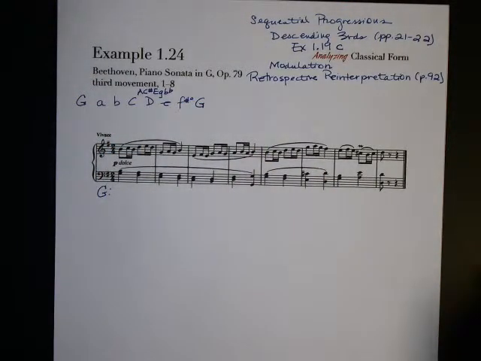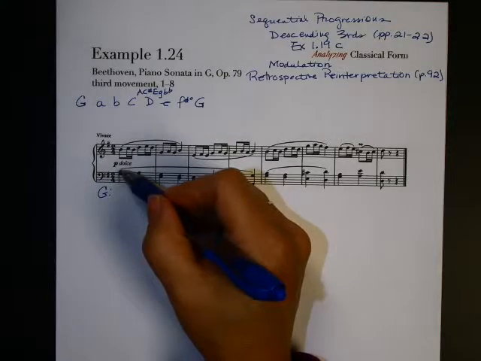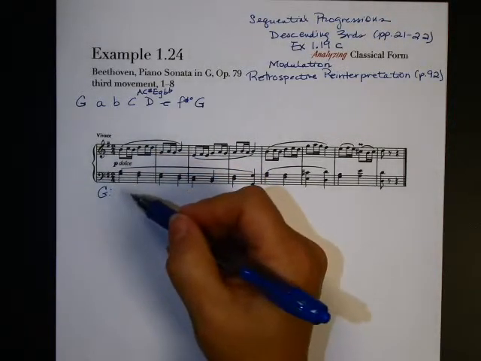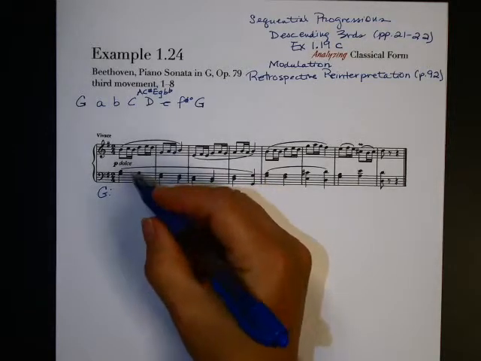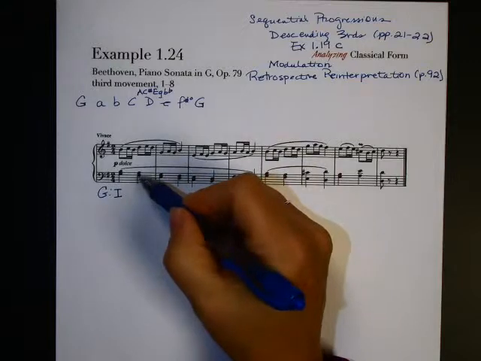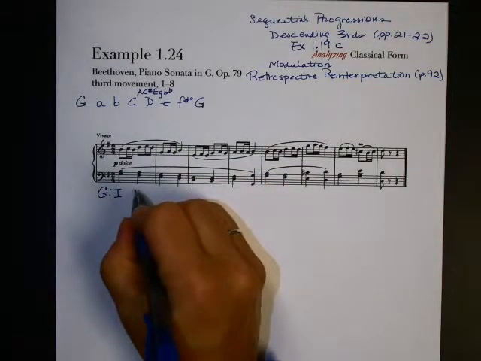To begin with, I want to do a standard Roman numeral analysis. So, G, B, and B in the melody, that's just the root and the third. There's no reason to think that's not a 1 chord. F sharp, A, D, there's our 5 chord in first inversion.